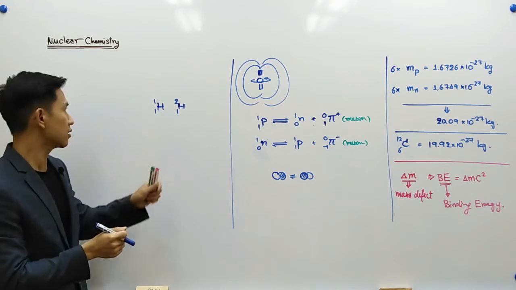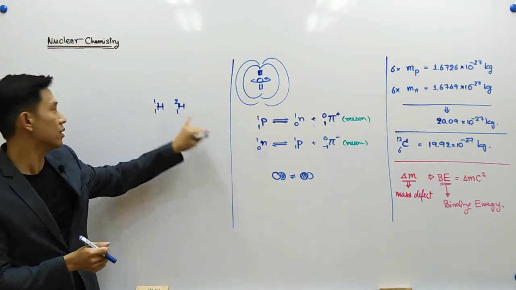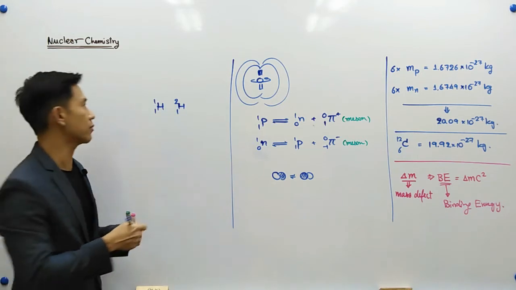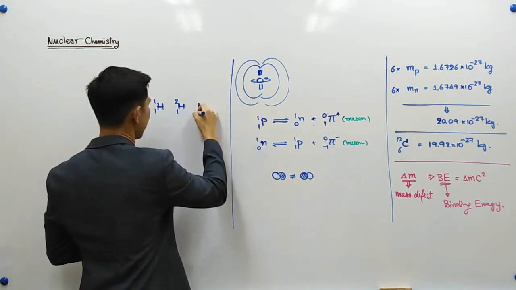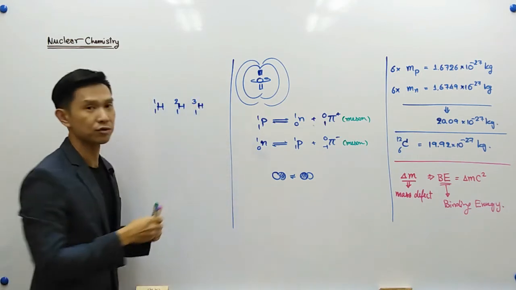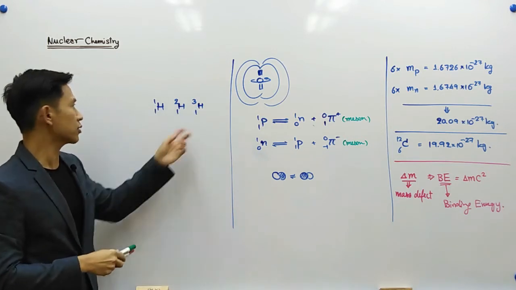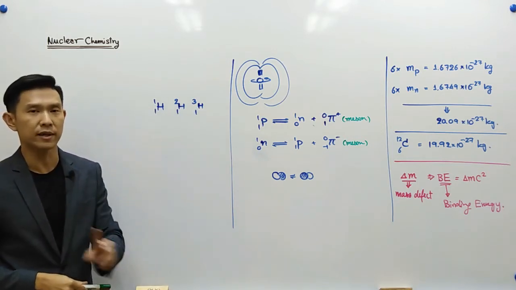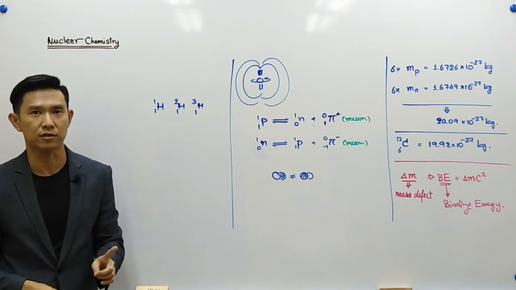So in the nucleus, not only proton, you have neutron as well. This is the second isotope of hydrogen. And another very famous isotope of hydrogen is called tritium, right? 1 proton and 2 neutrons. So one element may contain more than one type of isotope, right?